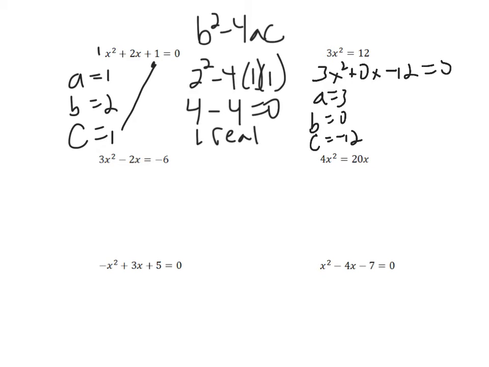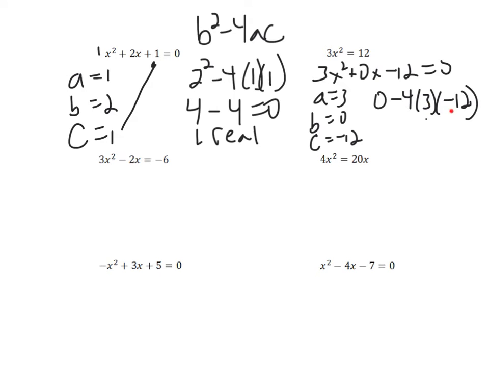So the discriminant says take b squared, well, 0 squared is 0, minus 4 times a times c. See how I wrote that out? The a went in for the a right there, and then the c went in for the c, and then I'm going to have 0, and then minus 4 times 3 is negative 12.